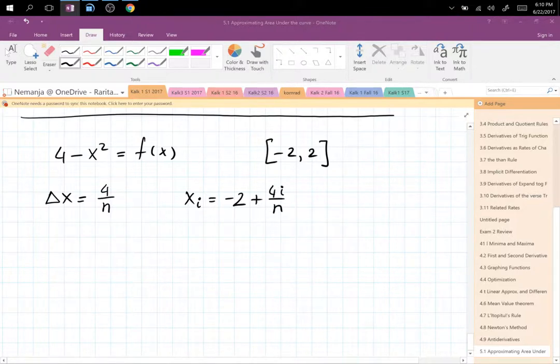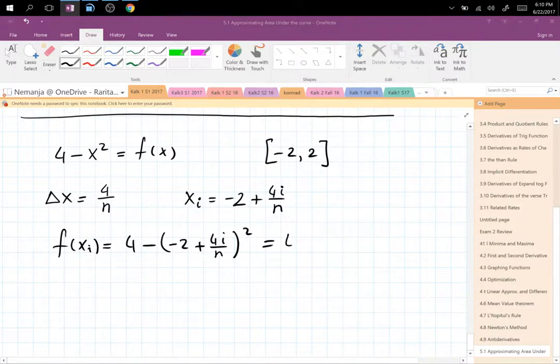Now we plug that into our f of x to get f of xi, which is 4 minus (-2 plus 4i over n) squared. And we have to FOIL all of that. So we have 4 minus, and here we have 4 minus 16i over n plus 16i squared over n squared.